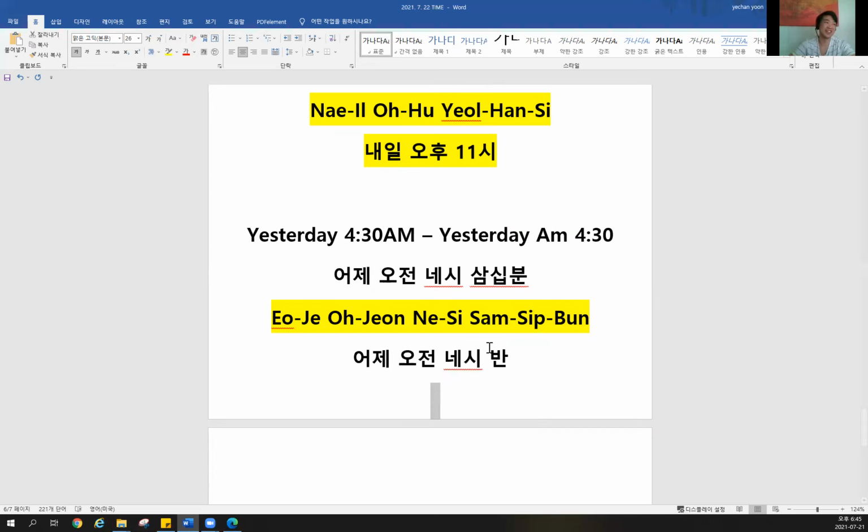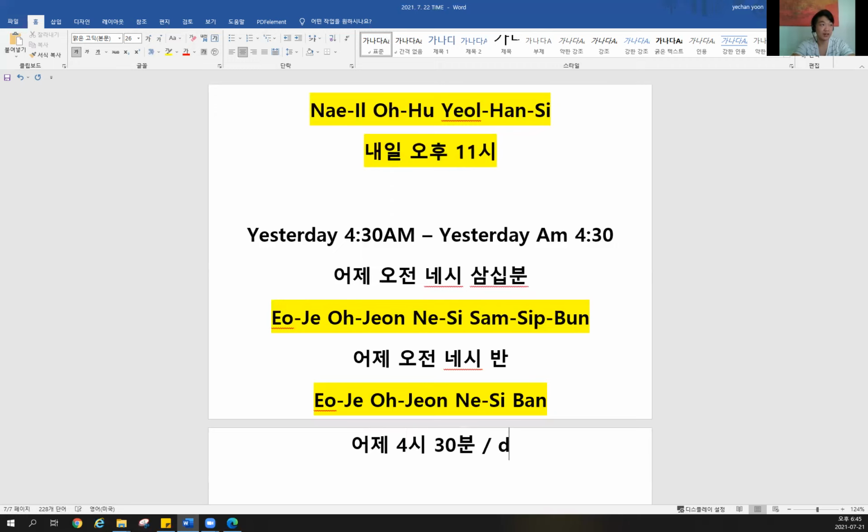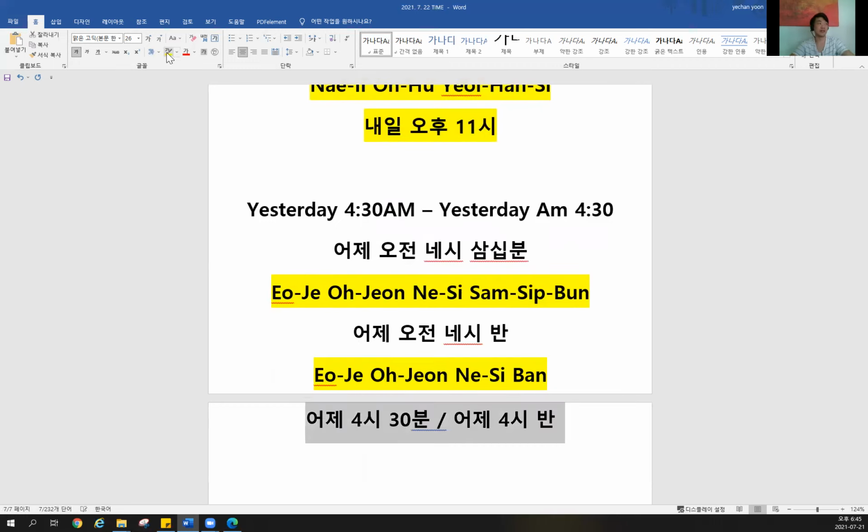Okay, so you can say 어제 오전 4시 반. You can also write it like this. Please don't forget it. You can also write 어제 4시 30분 or 어제 4시 반. You can write it down, but the reading is like this.